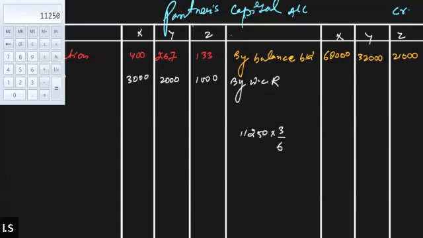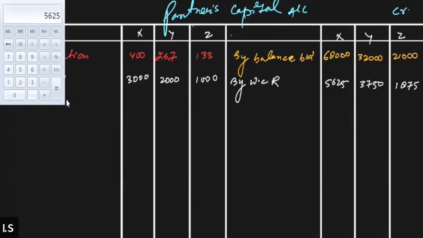So 11,250 into 3 divided by 6. So 5625 for X, and for Y it will be 3750, and remaining will be 1875. This will be credited to Z's account. Got it? The treatment of the workman compensation reserve is clear.